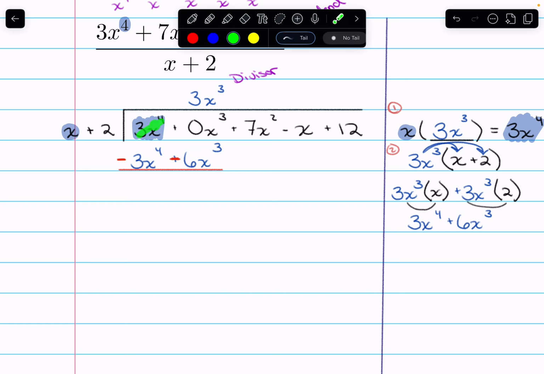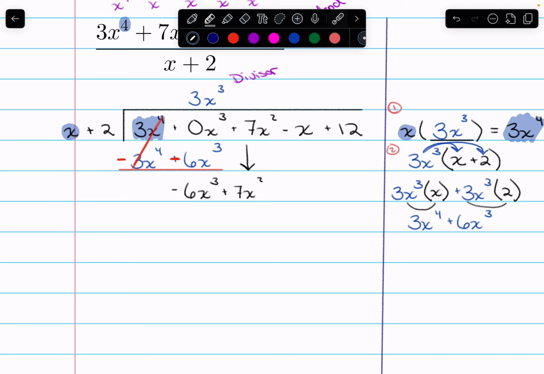Just like here, 3x to the 4th minus 3x to the 4th, that's 0. So it cancels. And then we're going to get our new first term, which in this case would be 0 minus 6x cubed. That's negative 6x cubed. And then last but not least, we're going to pull down our next term, plus 7x squared.